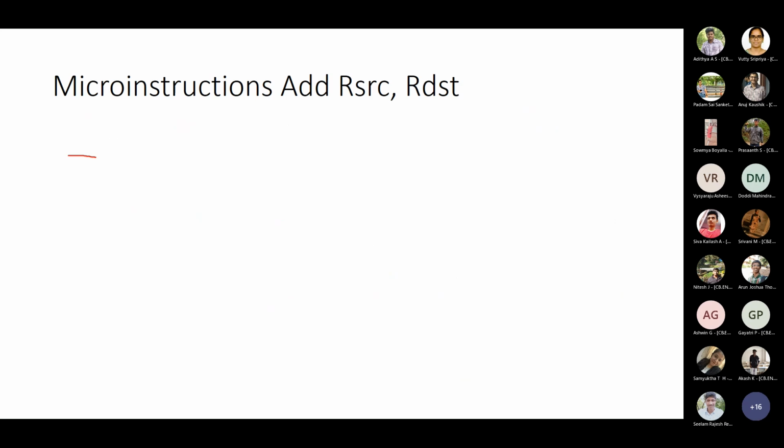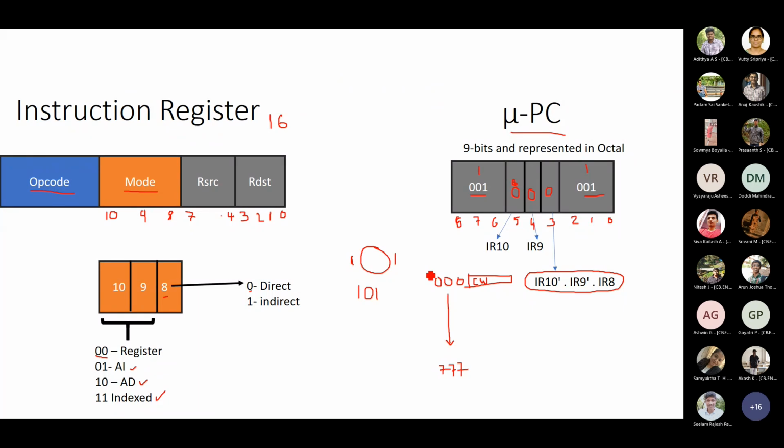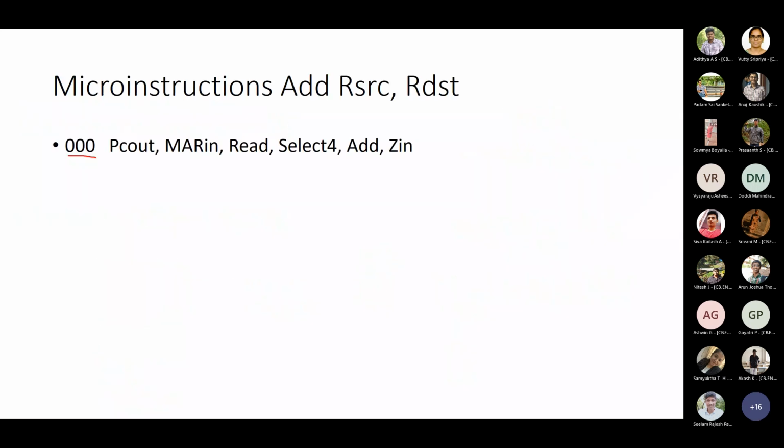And this is what I said. The first 3 instructions, since they are common, you store it commonly in the first 3 address locations 000, 001 and 002. You store the first 3 micro instructions, which are common for any type of instruction you take. Now, is it clear to all of you?